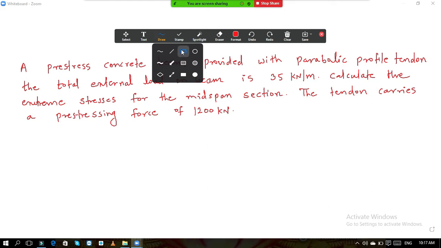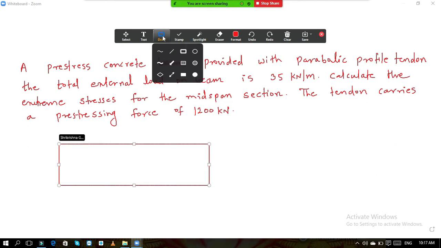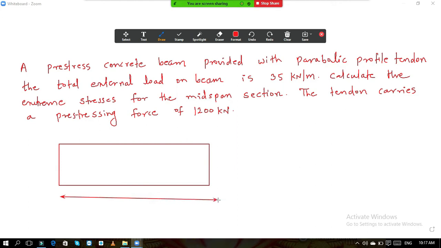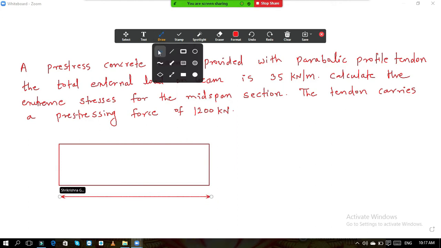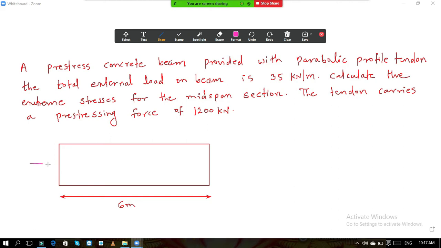Diagram is also given, so I will draw the diagram first. This is the beam. The span of the beam is 6 meter. Then the neutral axis I will draw first.